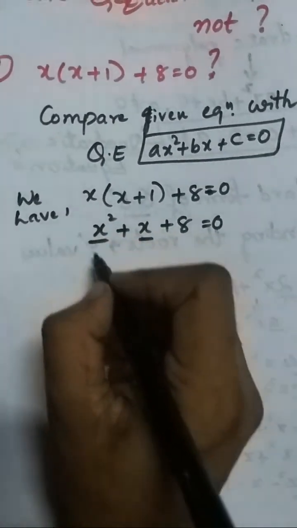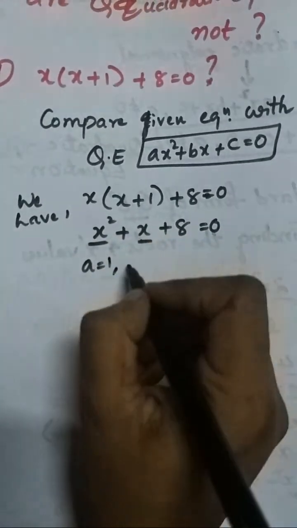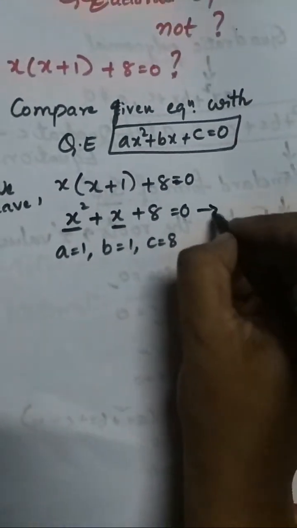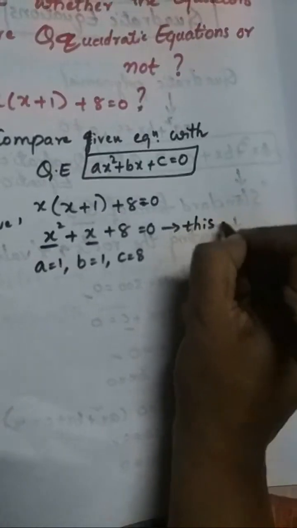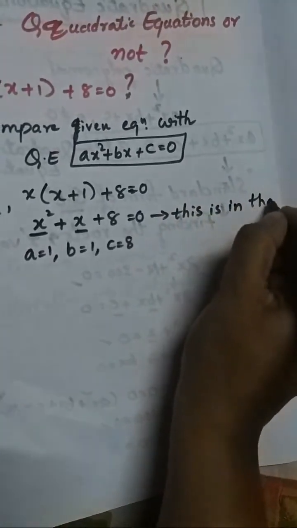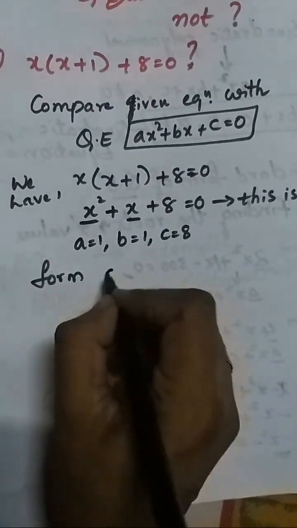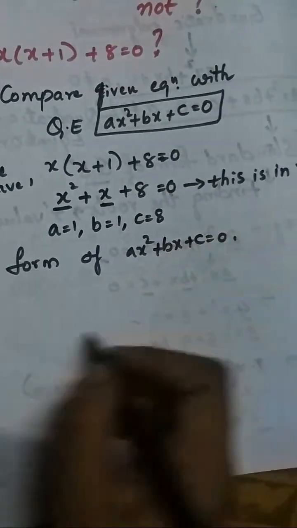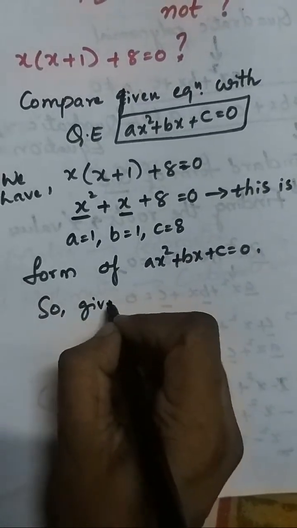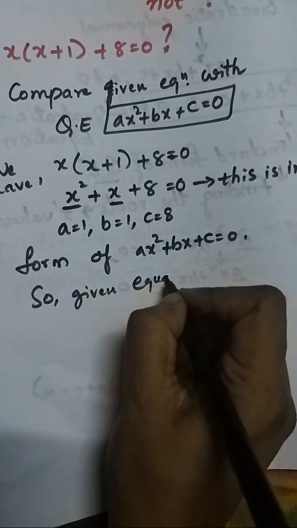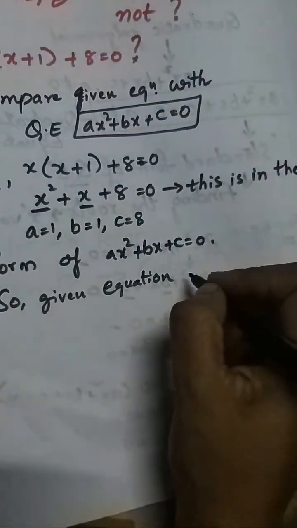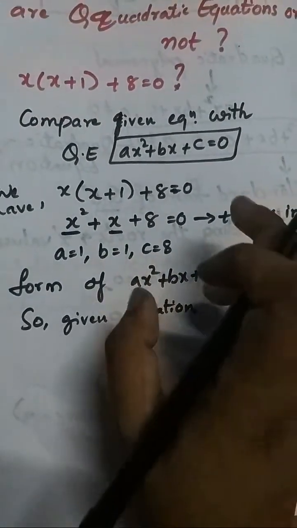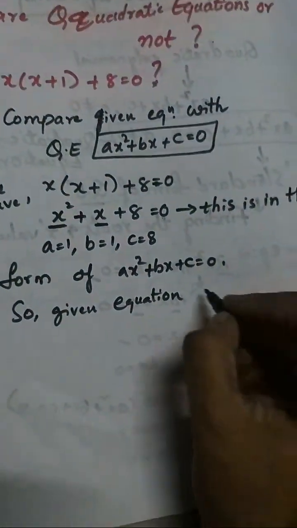That is, a means 1 here, b means 1, and c is equal to 8. And this is in the form of ax square plus bx plus c equal to 0. We only have to check here, we don't want to find the x values, we have to check whether the given equation is quadratic or not.